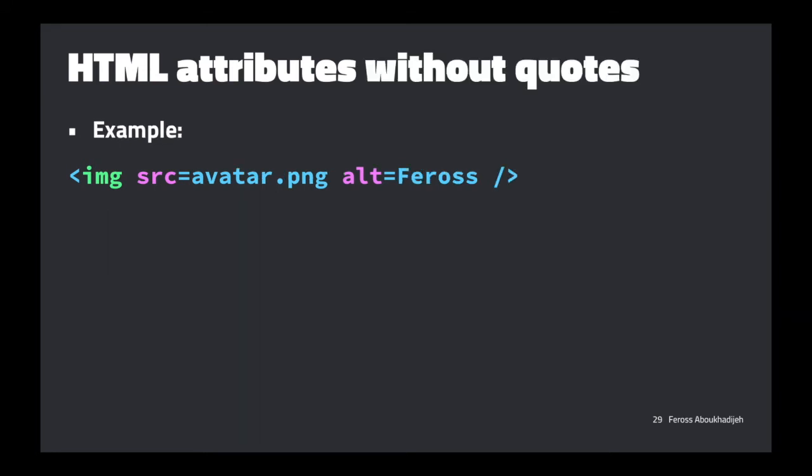All right, so that's so far not too bad. Now here's where it gets really nasty. It's possible in HTML to omit the quotes entirely. You can do this image tag with no quotes or anything around the value, and this is totally valid. One downside is that you can't include spaces in your values, because a space will be parsed as the start of another attribute.